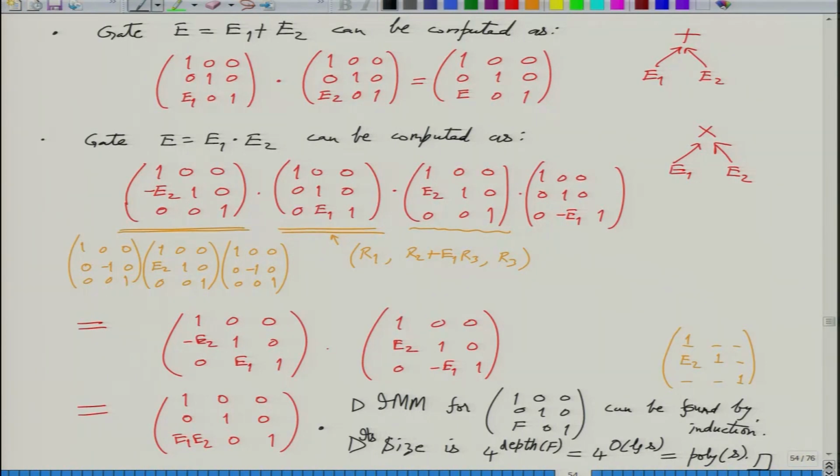So this matrix with the formula in the bottom left corner can be factored into poly s many 3 by 3 matrices, and give you exactly this matrix. So this is your width 3 ABP.